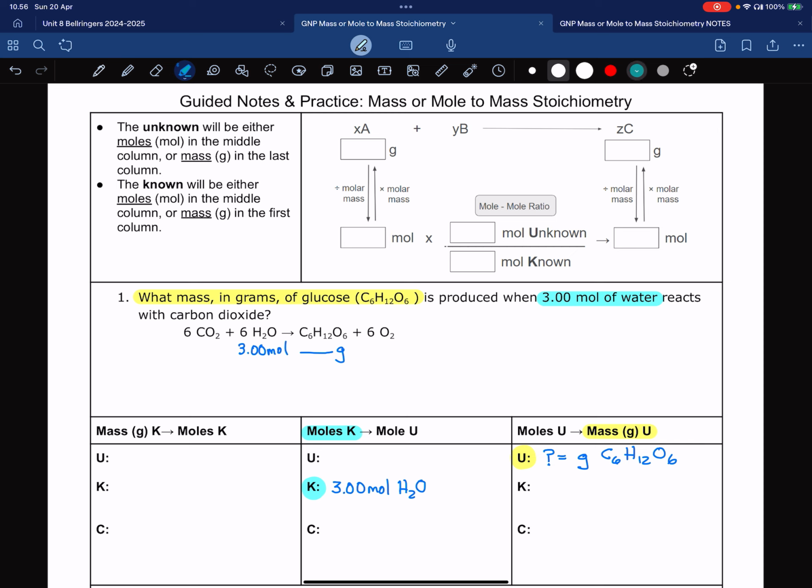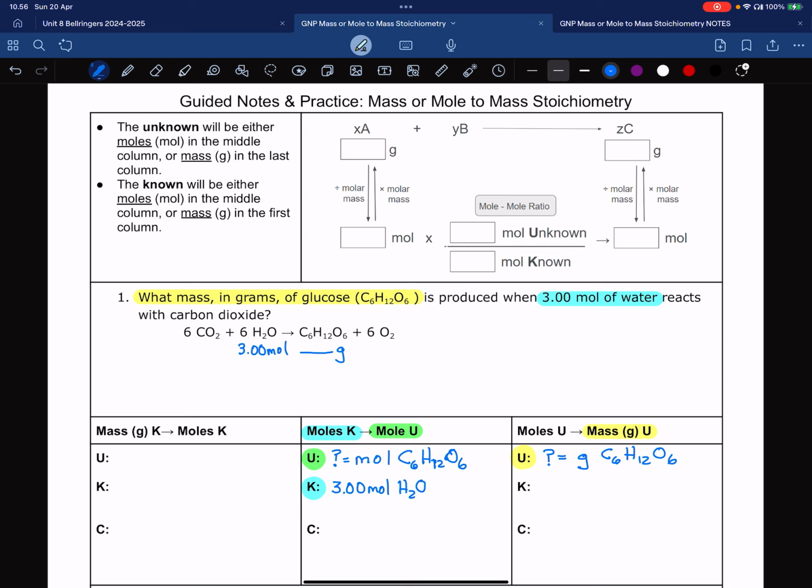So what we've got is what I'm going to call an interim unknown, an unknown that you are solving in the middle before you get to the final one. My interim unknown is going to be moles of C6H12O6.